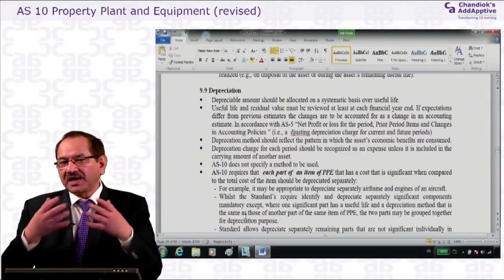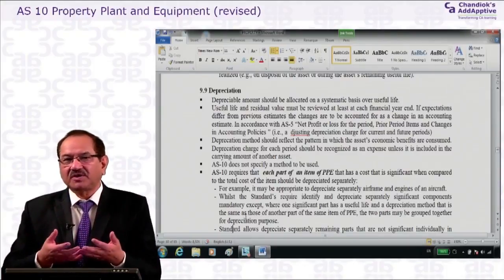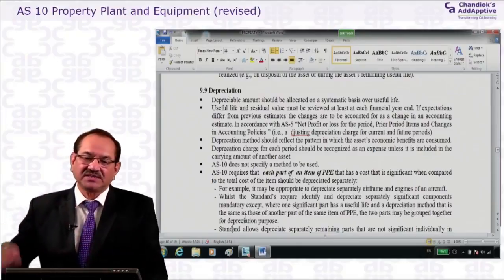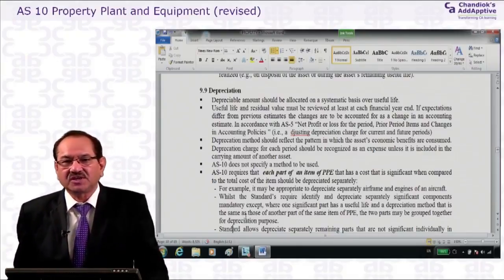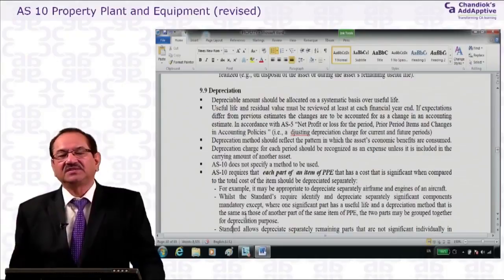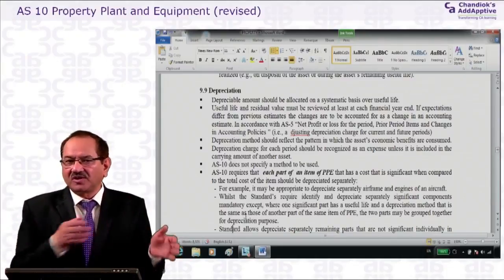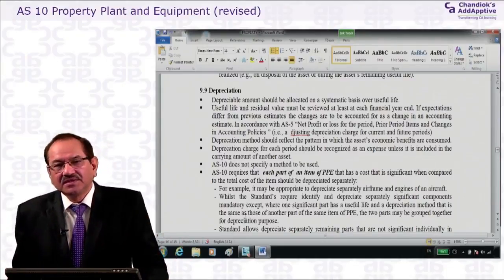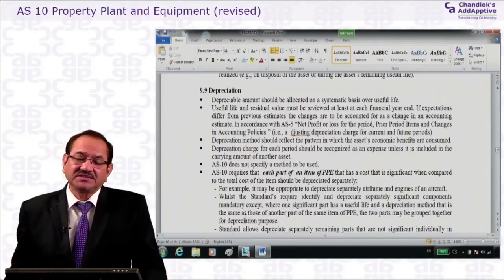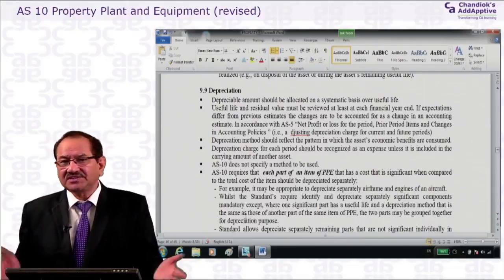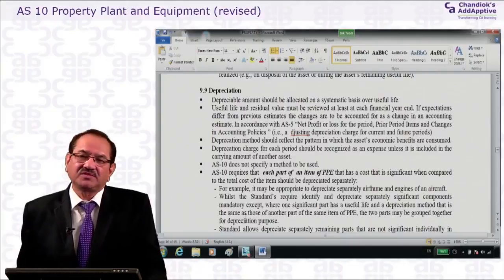Suppose from the plant and machinery you are manufacturing a product that is being sold in the market, you are putting in the profit and loss account on the income side the sale of the product. Now the question is that you have got a cost against it. And when you are using the plant and machinery, your asset, then that is also the cost for producing that particular product.